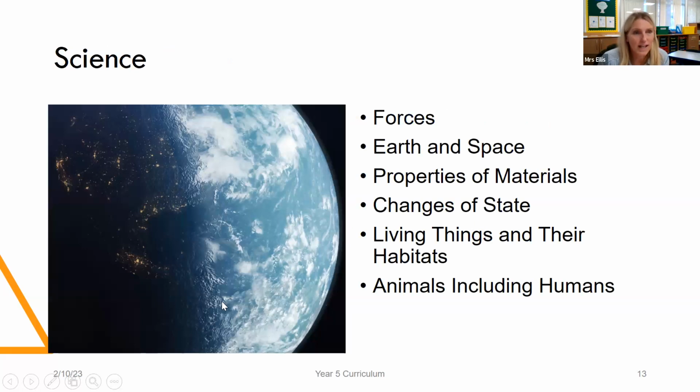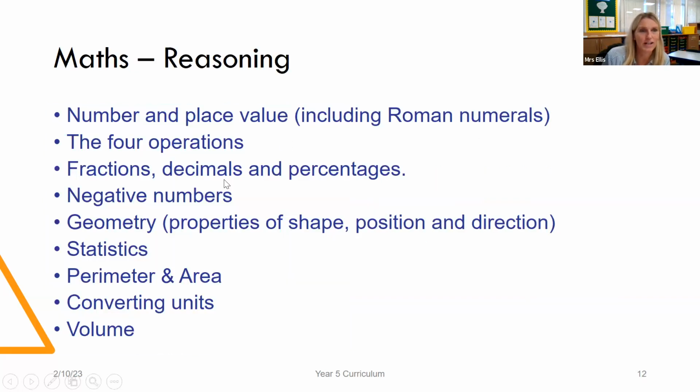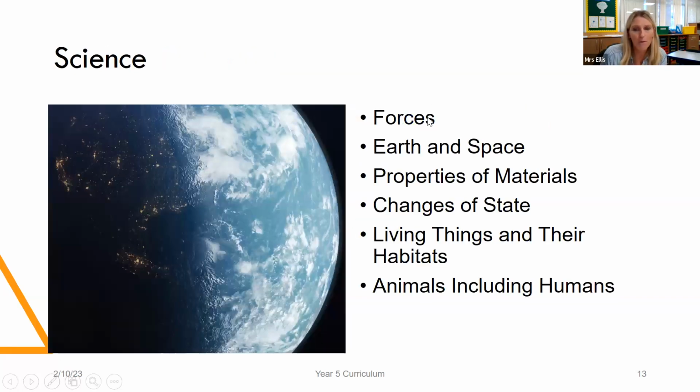So other parts of the curriculum, we obviously don't just cover RE, maths and English. So in our science, we have 6 topics that are covered throughout the year. We are currently looking at forces. Then we move on to earth and space, properties of materials, changes of state, living things in their habitats, and animals, including humans. So that involves 2 aspects in our science lessons: the knowledge aspect, so the facts that they learn, but also we teach the children how to work scientifically.